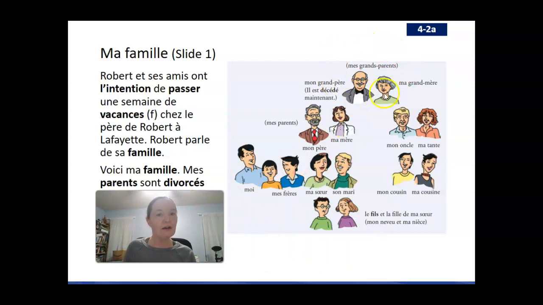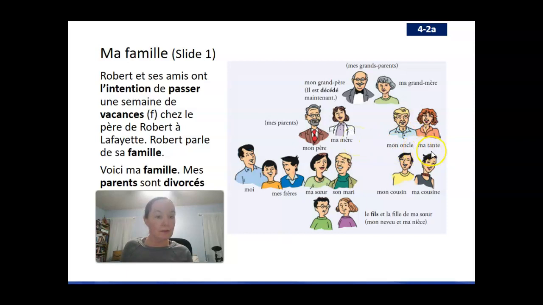So we have mes grands-parents. So, mon grand-père, my grandfather, ma grand-mère, my grandmother. Mon grand-père, il est décédé maintenant. Oh, he is deceased. He passed away. Okay? And then we move down to mes parents, mon père, ma mère, my father and my mother.